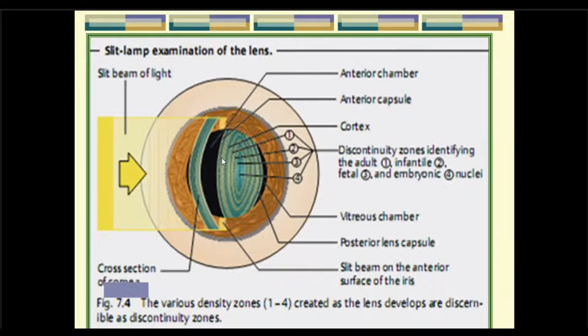Some of you have already started ophthalmological classes, so you can see the cornea, then the transparent anterior chamber, and this is the lens. You can see all structures of the lens, and if there are any opacities, you can see these opacities without difficulties.